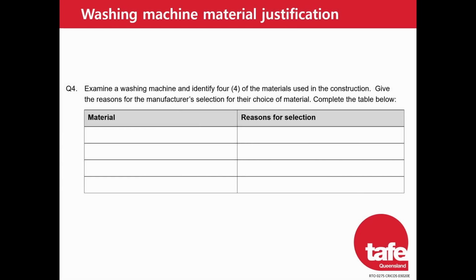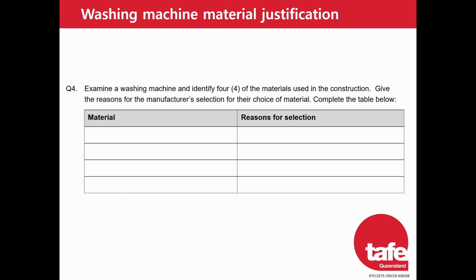Like question 1, question 4 requires you to examine a washing machine and identify 4 of the materials used in the construction. Give the reasons for the manufacturer's selection for their choice of the material and complete the table below.